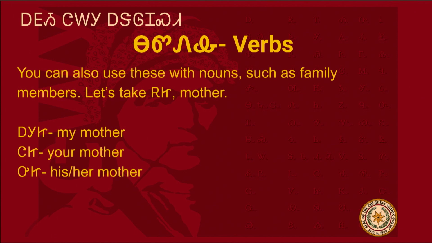However, we can use that agi, ja, and u to indicate possession when it comes to family members. So you can say agichi, my mother. So maybe I was talking to a group of you, and I could say agichi, Peggy Blevins, my mother, her name is Peggy, right? Agichi. So you see how that works.